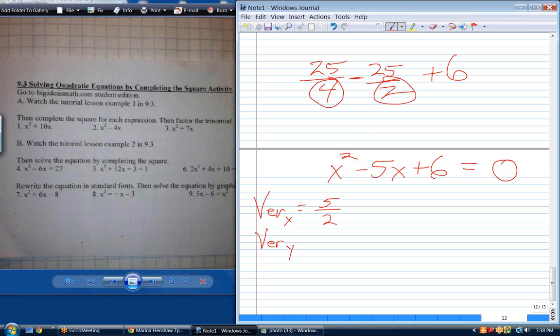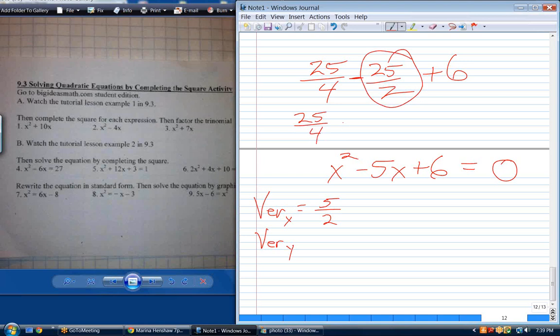Notice that it can't be 2 because 4 does not divide into 2 evenly. 2 fourths is not even. It's not a whole number. But 4 is divisible by 4, and it's also divisible by 2. So our common denominator is going to be 4. So I don't need to change this one. About 25 halves.